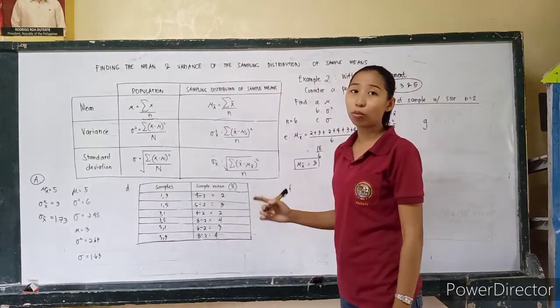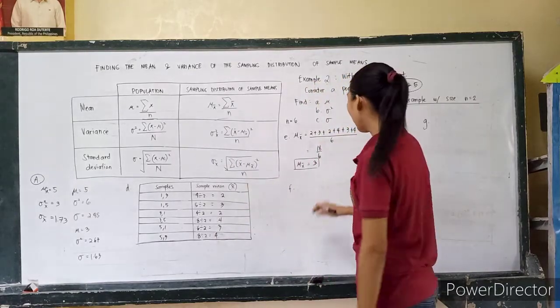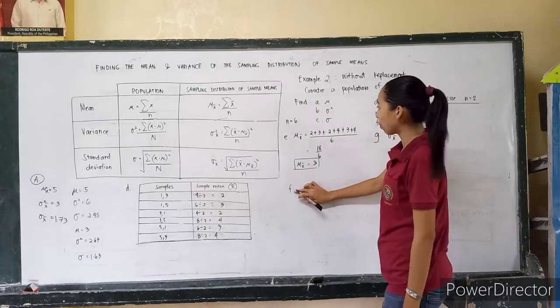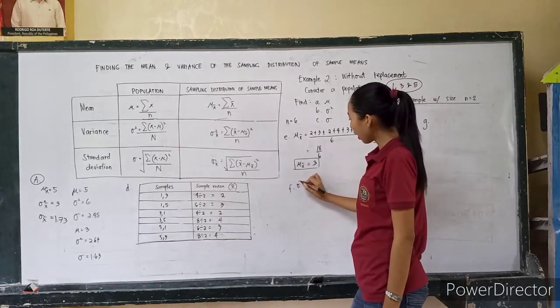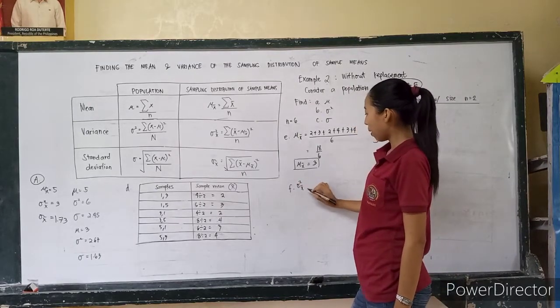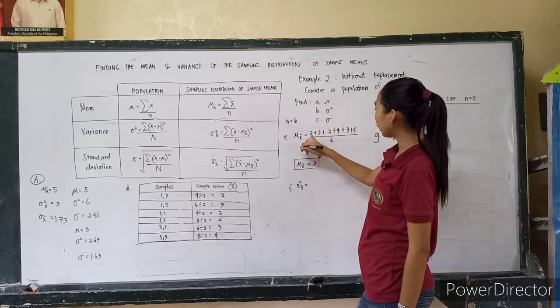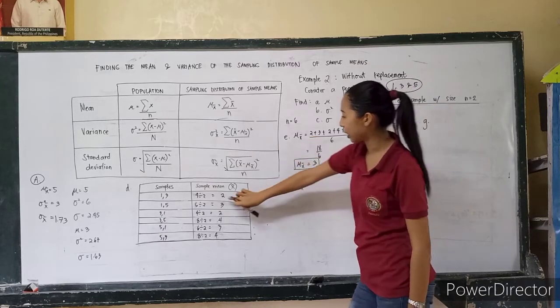So, it's the same process we did earlier, just slightly different. Now, let's proceed directly with finding our variance. So, we have the variance of our sample means is equal to, we will go one by one.